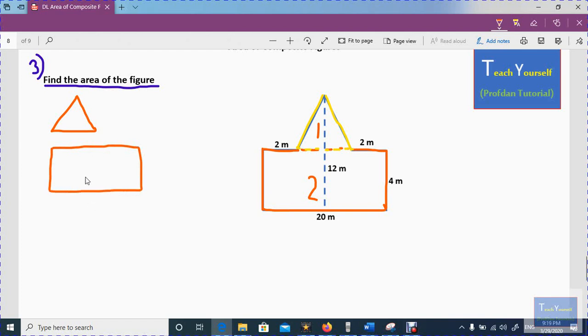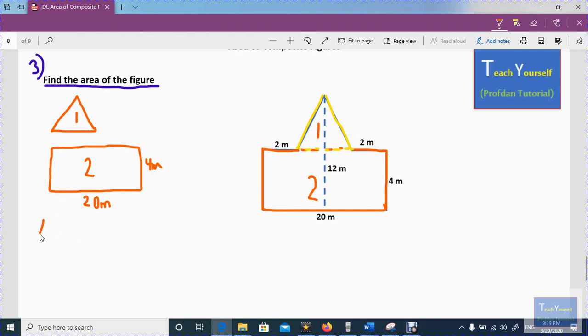For the rectangular part, part 2, we know this part as 20 meters and this part as 4 meters. The dimensions are not really up to scale. Finding the area of the rectangle is quite easy.